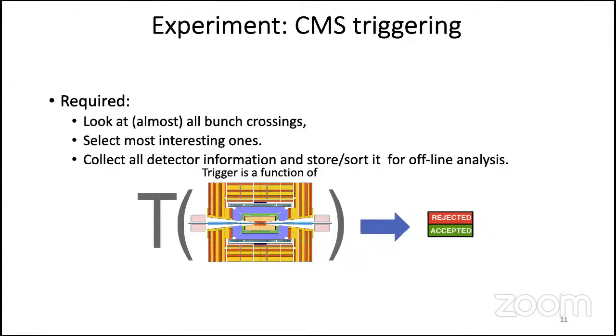For that, we are required to look at a whole bunch of things, select the most interesting ones, and collect all the technical information to store it for offline analysis. This is the principal function of the trigger, which basically accepts or rejects events of interest.